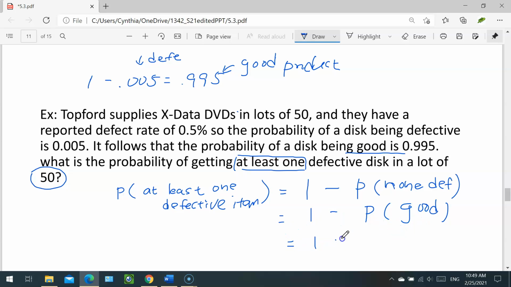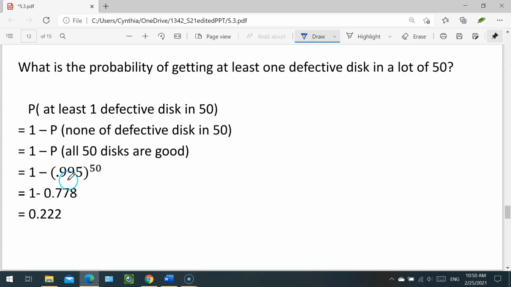So we know the good item, which is the non-defective rate, is 0.995. Now we have to multiply this probability with power 50 because you multiply it 50 times. So when you do the calculation, 0.995 to the power 50, you will get 0.7778.